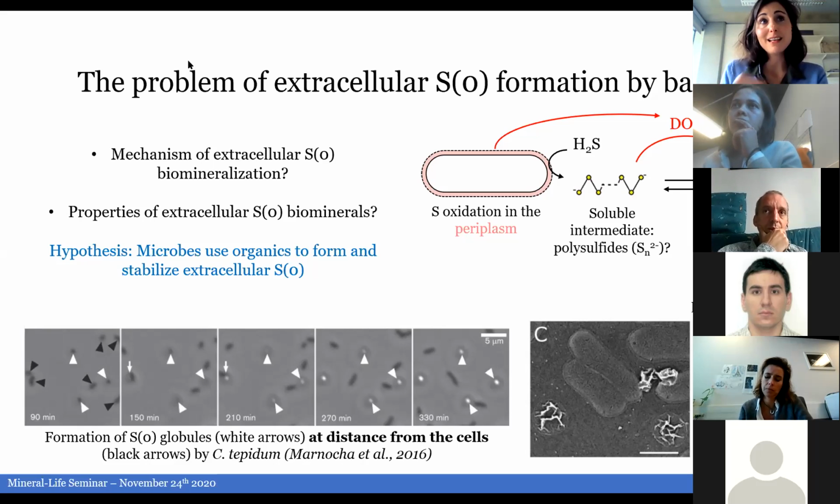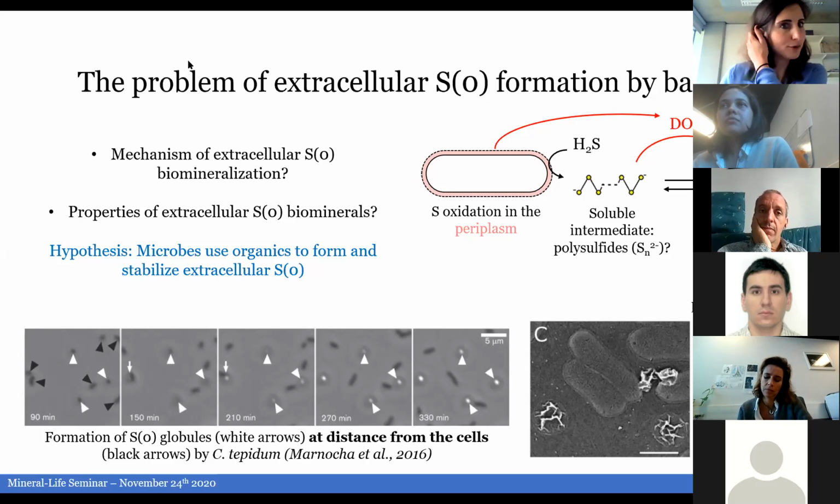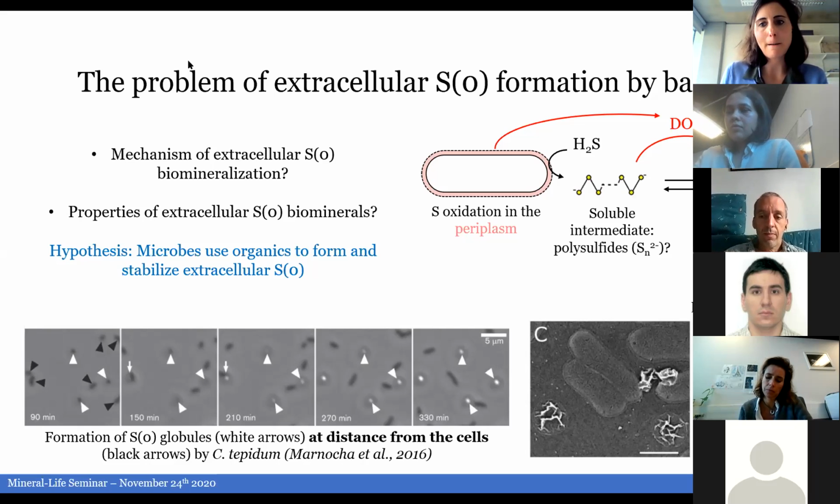Now, are these organics produced specifically for that function by the microbes, or does it happen to be a random exudate that happens to be stabilizing the sulfur, but has not evolved specifically for this function? It's an important question, and I don't know how to answer it.